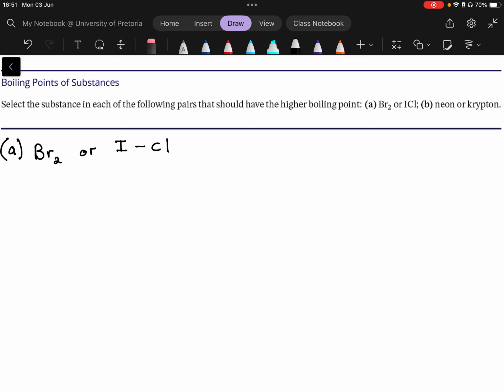Bromine is, of course, a non-polar molecule, and ICl is polar because chlorine is more electronegative. So because this one is polar, we expect it to have the higher boiling point. Why? That might seem like an easy misconception.